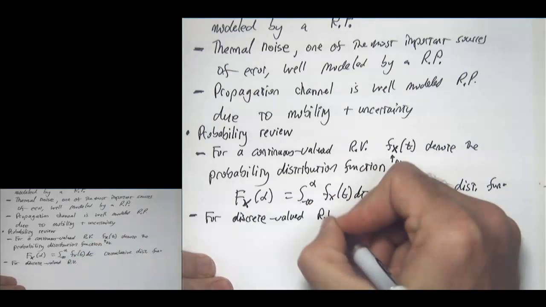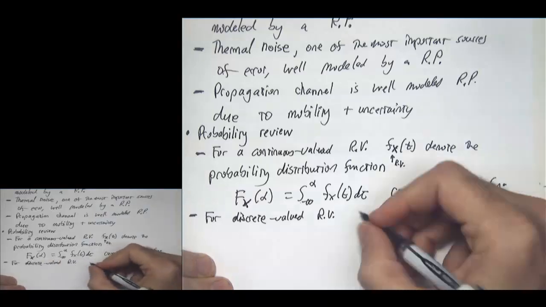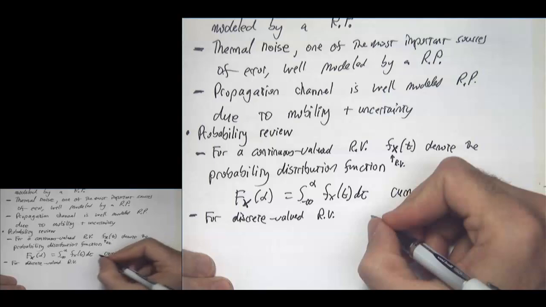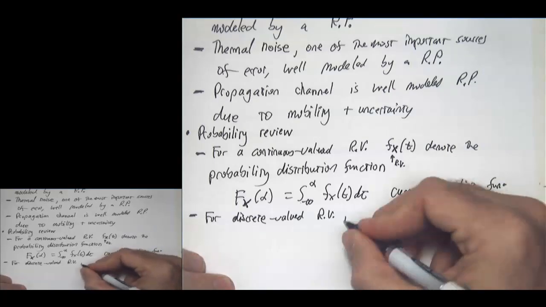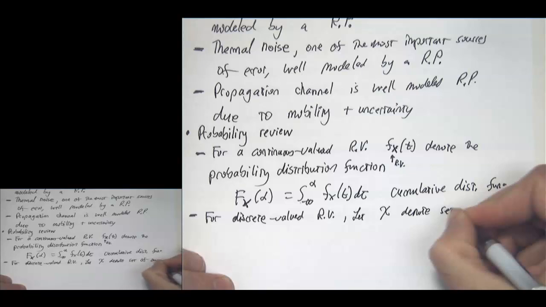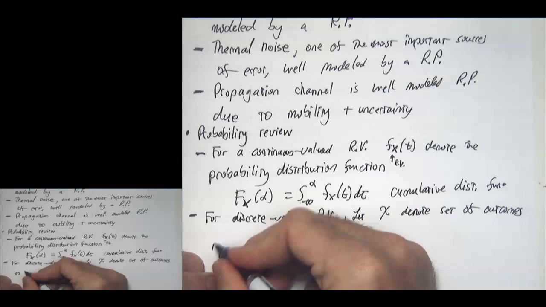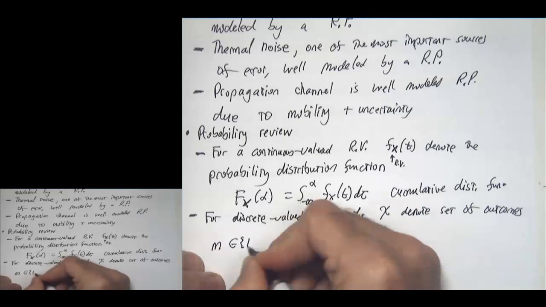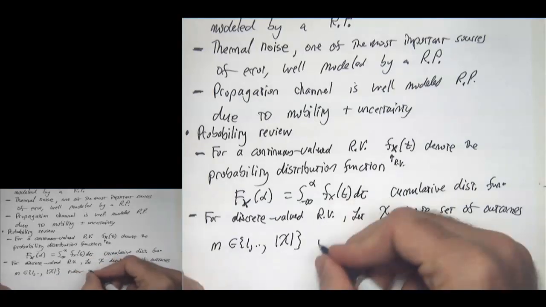So discrete valued random variables have only a finite set of outcomes. Let's say integer outcomes. I mean, because you could extend it to all of the integers here. So for example, let's let x, calligraphic x, denote the set of outcomes. And then we'll let m on this integer set 1 through the length of that x here index the values.